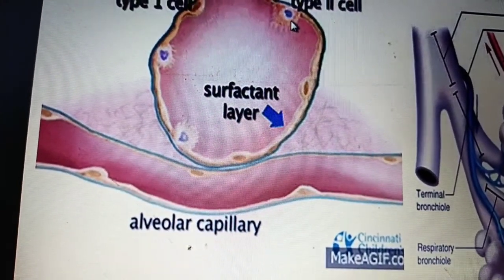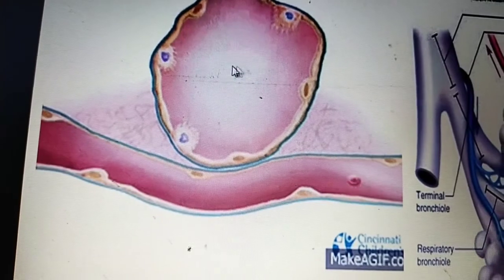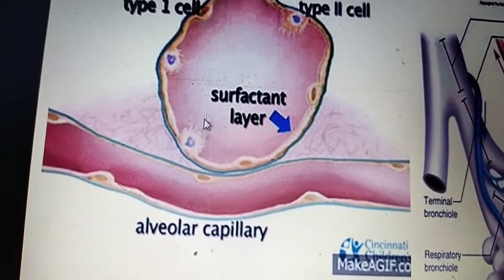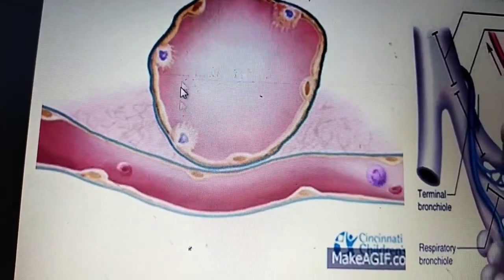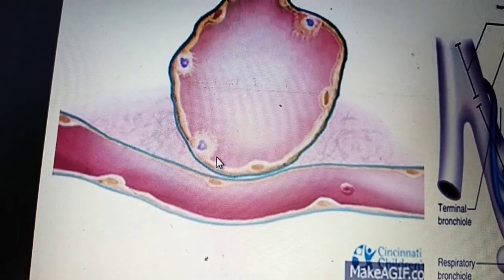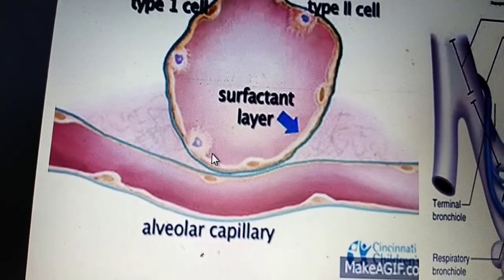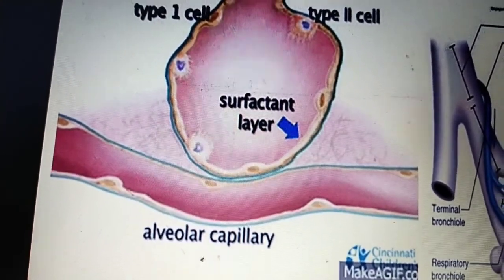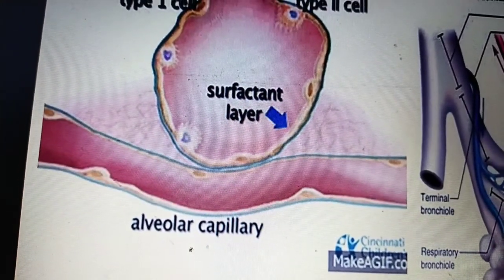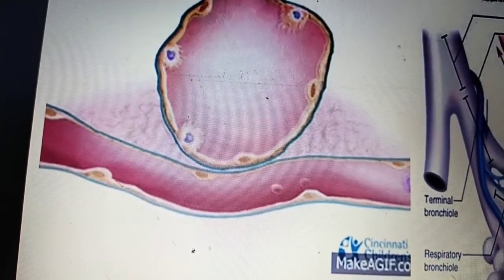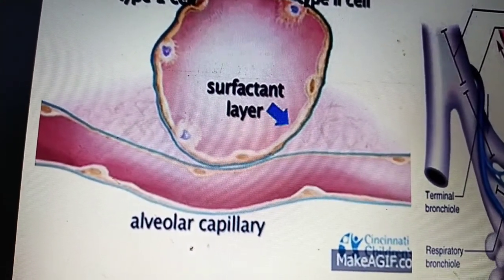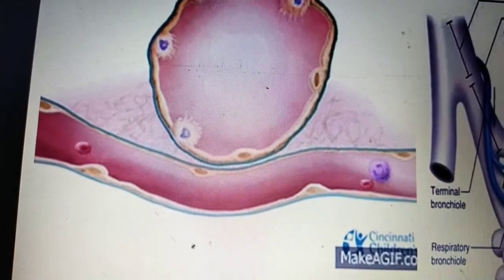The surfactant is a layer secreted by the type 2 cells, and its function is to lower the surface tension during gas exchange between liquid and gas. Surfactants may act as detergents, wetting agents, emulsifiers, foaming agents and dispersants.